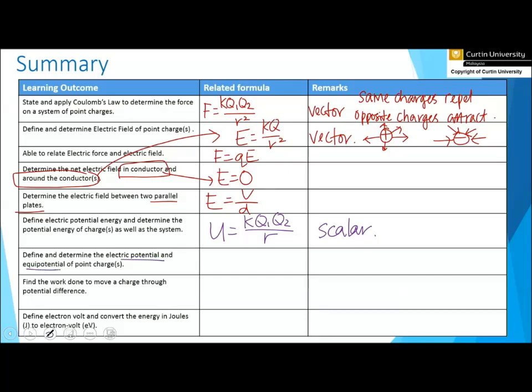Potential and equipotential: potential equals KQ over R. Work done equals Q times change in V, where change in V refers to final potential minus initial potential. And lastly, electron volt: 1 electron volt equals 1.6 times 10 to the power of negative 19 joule.